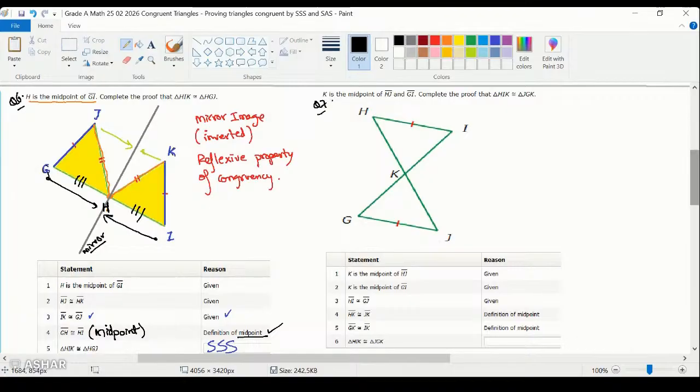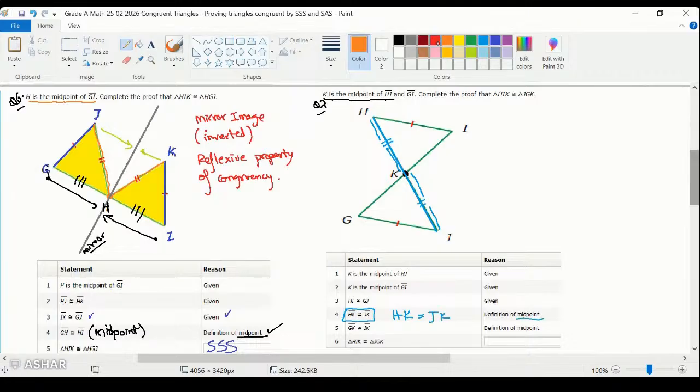They are saying K is the midpoint of this, right? That means this was the line. Agreed? Then this length HK should be equal to KJ by the definition of midpoint.